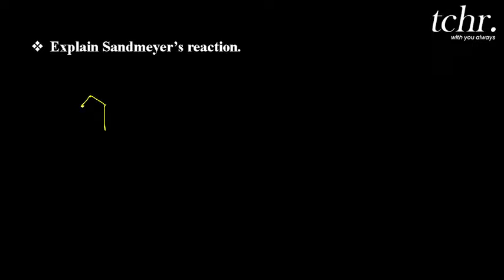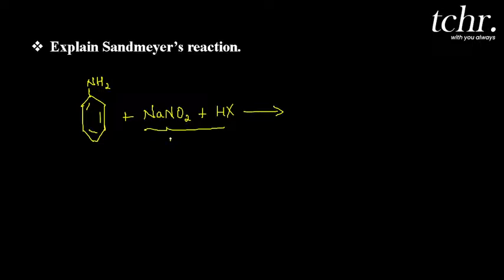Aniline, correct? So we will take C6H5NH2, aniline, and treat that with nitrating mixture. Nitrating mixture means sodium nitrite in the presence of any hydrogen halide. So what happens? This nitrating mixture will give you HNO2, which is nothing but nitrous acid.